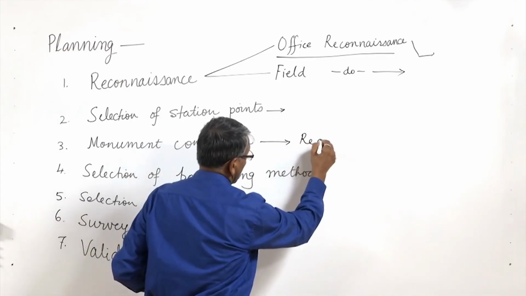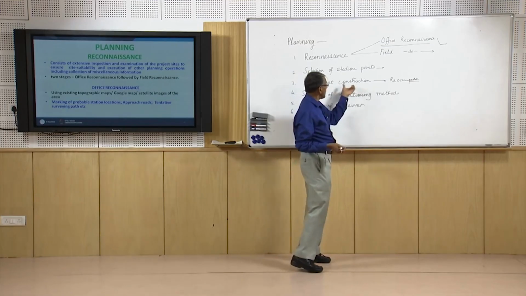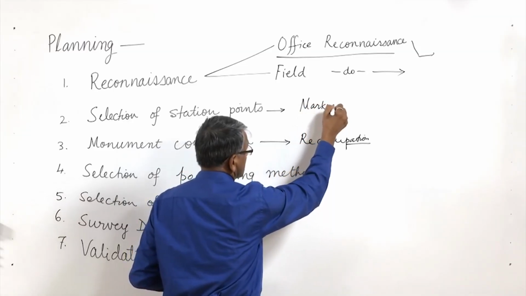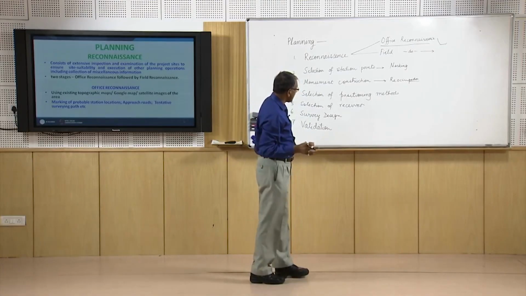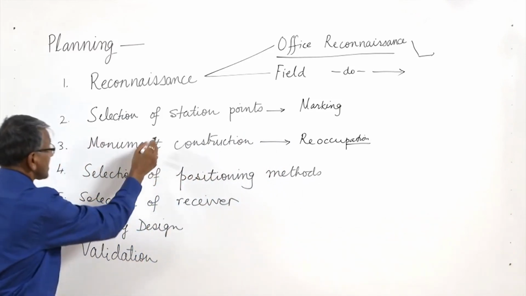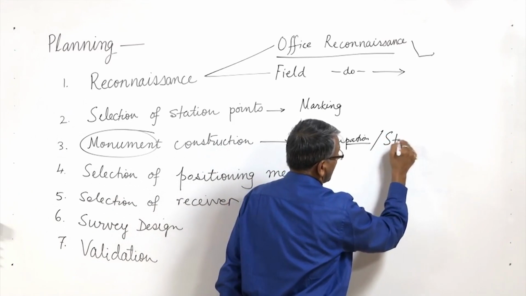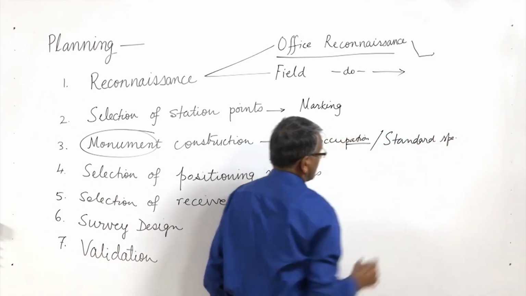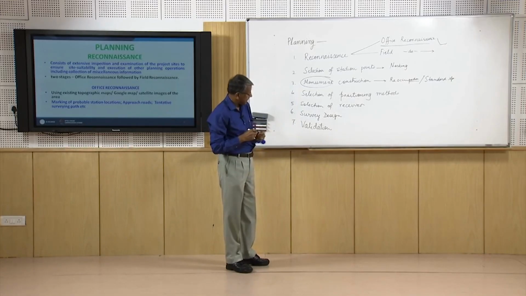So, if reoccupation is required, construction of monuments is needed, otherwise marking of stations in the field will be sufficient, and if the monument is to be constructed, then it should follow some standard specification. That is also important, that the monument should have some standard specification.